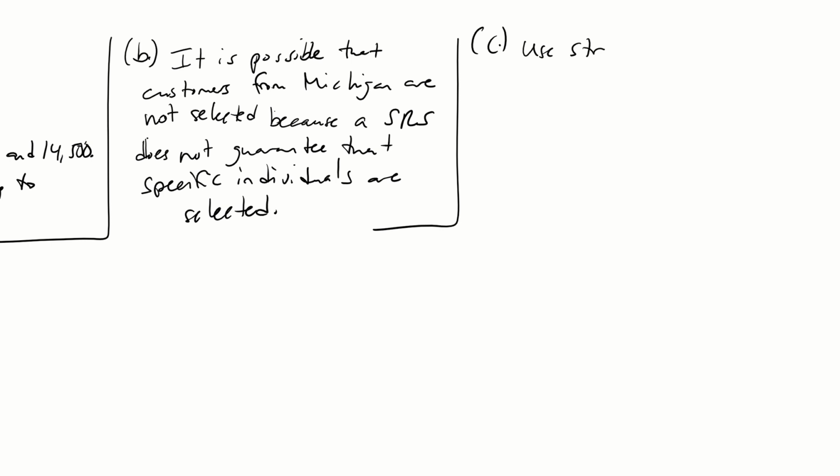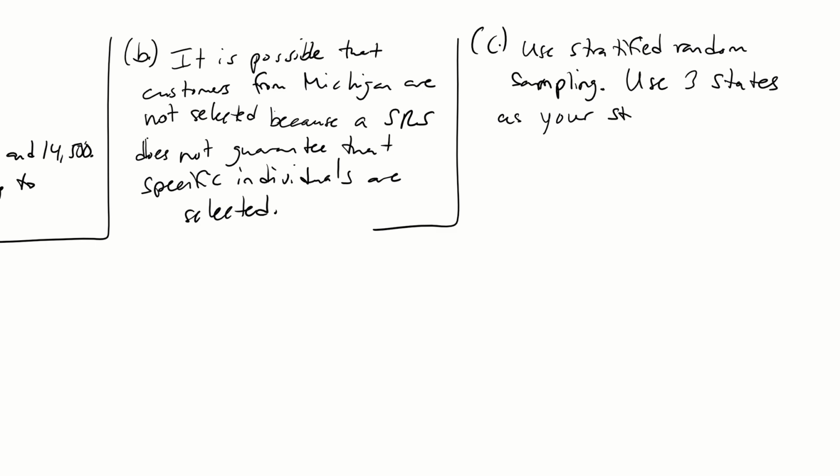To use stratified random sampling, we're going to take the three states and use the three states as your strata, then take an SRS, a simple random sample, from each group, from each state, from each stratum.